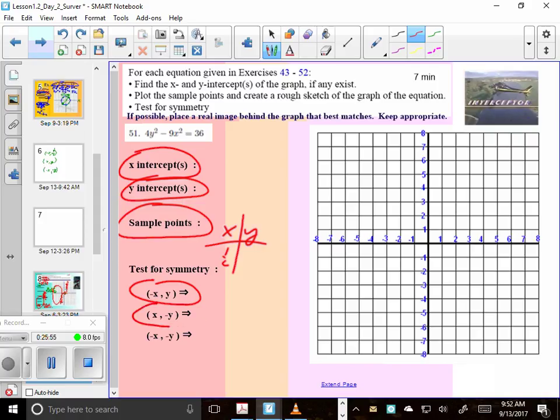Y-axis. This is your test for what kind of symmetry? X-axis symmetry. And this is your test for what kind of symmetry? Origin. And you stick in, and then you see if it comes out the same as the original equation. And if it does, then it's got that kind of symmetry. This is for y-axis, x-axis, and origin symmetry.